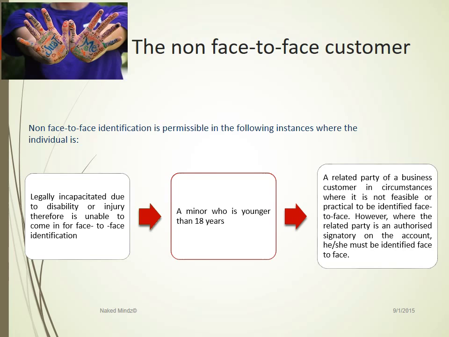And finally, a related party of a business customer in circumstances where it's not feasible or practical to be identified face-to-face. However, there is a proviso with that. If the related party is an authorized signatory on the account, he or she must be identified face-to-face. For example, of a related party, a closed corporation has 10 members. One of the members may come in with the original certified identity card documents and the information of all members.